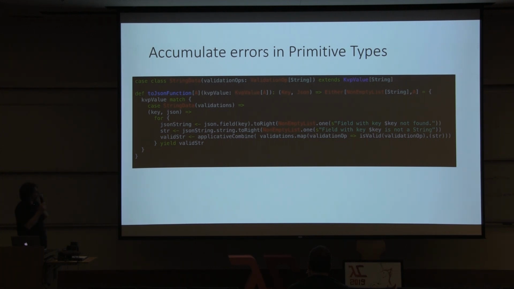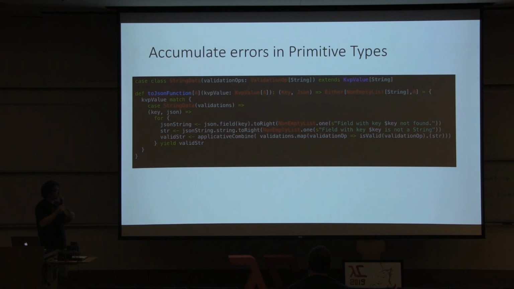So in our interpreter, if we look at our for comprehension, first we're going to try to find the key in the JSON. If we can't find the key, we short circuit. Then we're going to try to convert it to a string. If it doesn't convert to a string, we short circuit, and then finally we have a string.